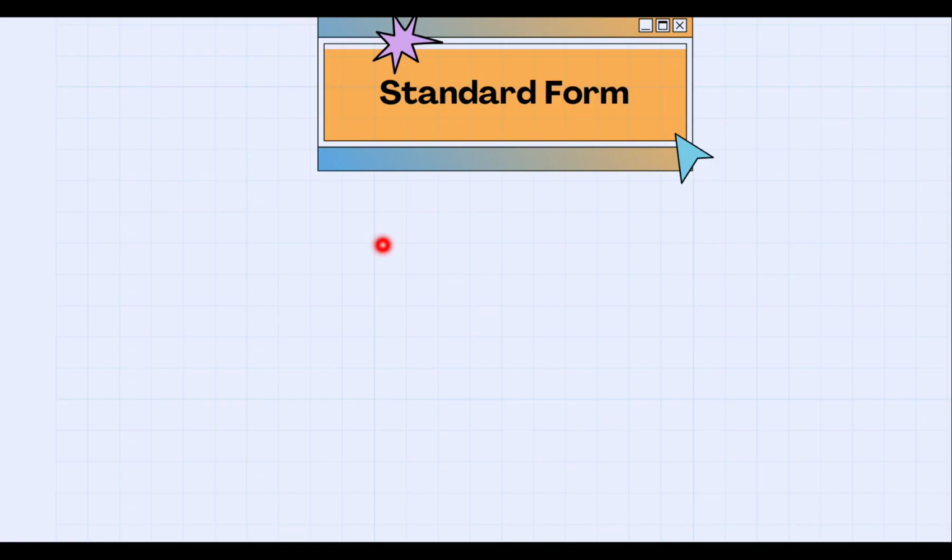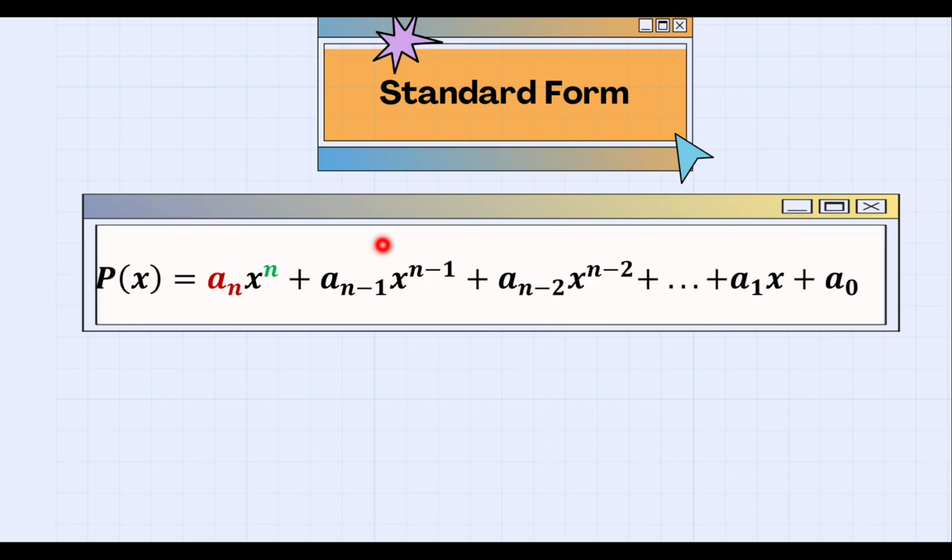All right. Now, it would be easier for us to determine the degree of the polynomial if we arrange the polynomial in such a way that it follows what we call the standard form. What is the standard form of the polynomial?